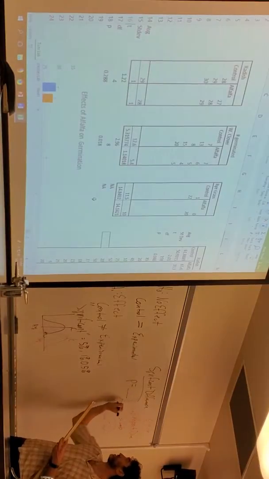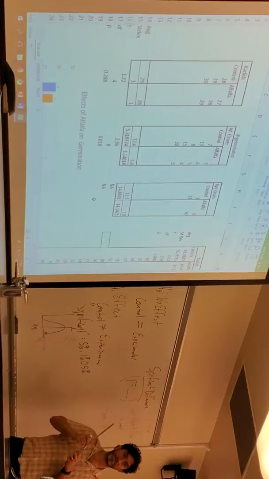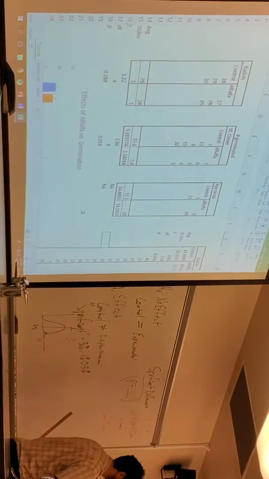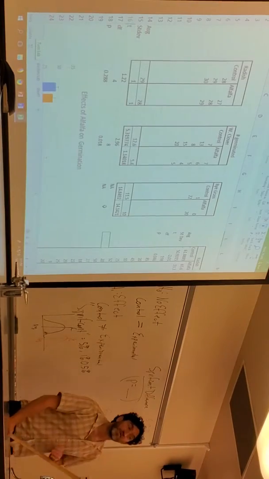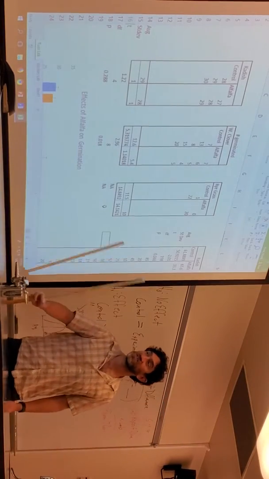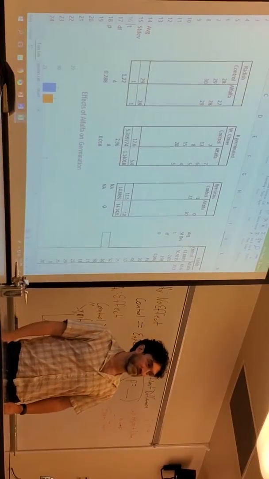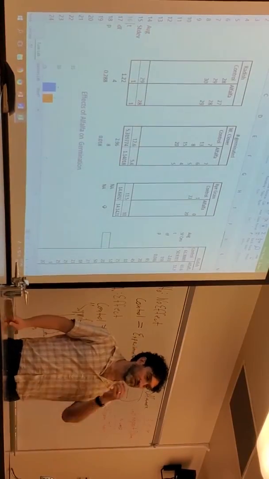P equals something. What about the ryegrass graphs? There wasn't enough data to do a statistical analysis, but you can look at them and say it doesn't look like much of a difference.